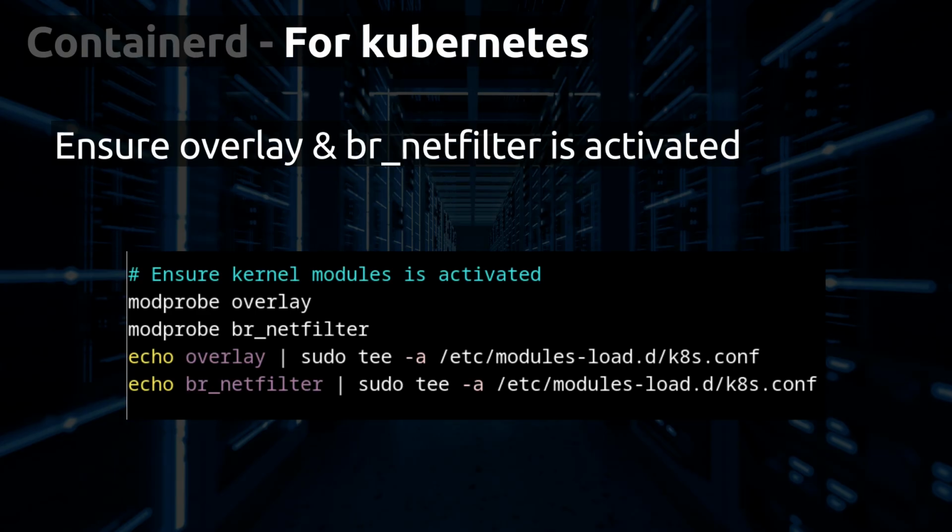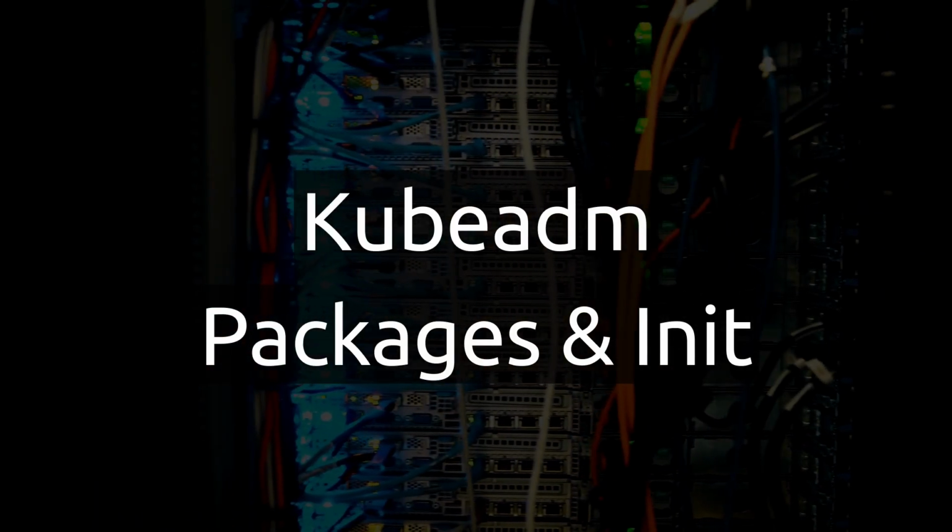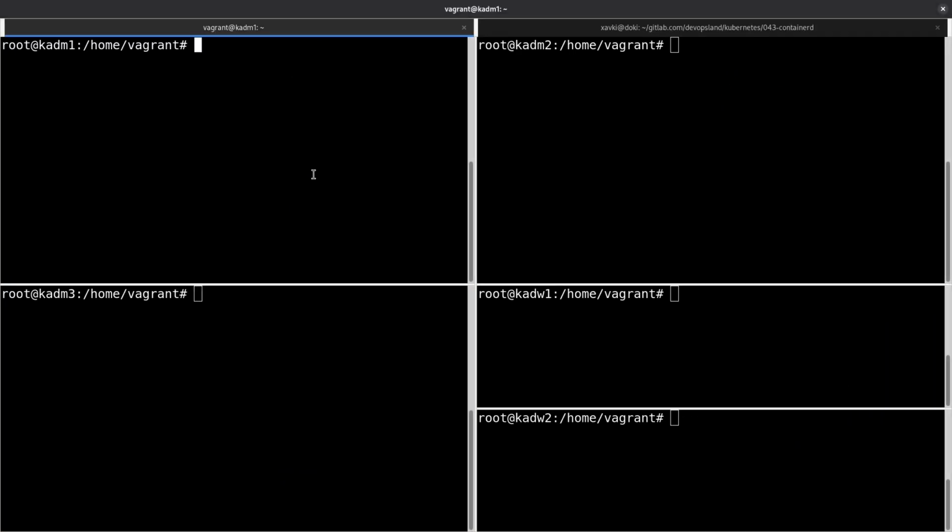The second module is br_netfilter, to ensure that netfilter, on top of iptables, can handle packets managed by a bridge. This is a really important module to enable. And to persist this parameter, to ensure that it survives a server restart, we need to set it inside a specific file inside /etc/modules-load.d. Okay, so let's go and have a look inside the terminal.